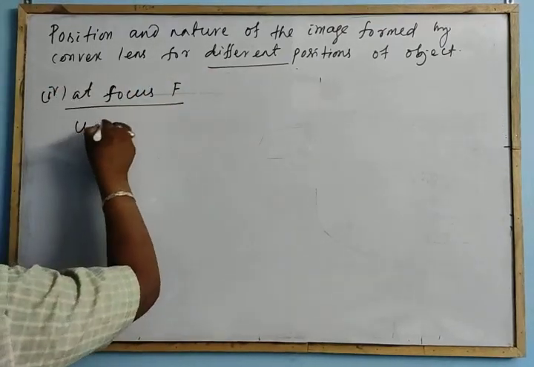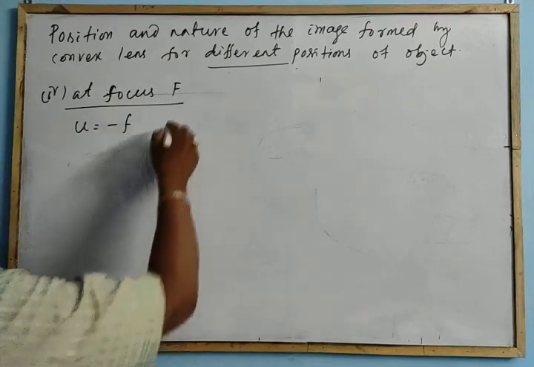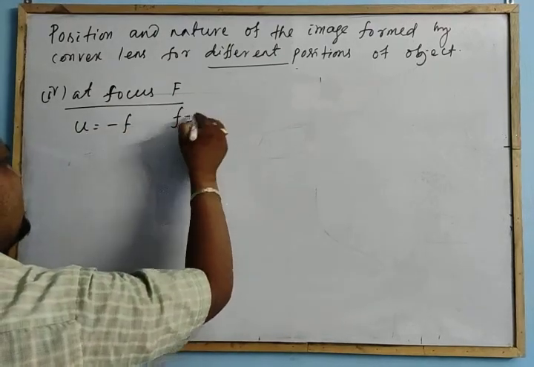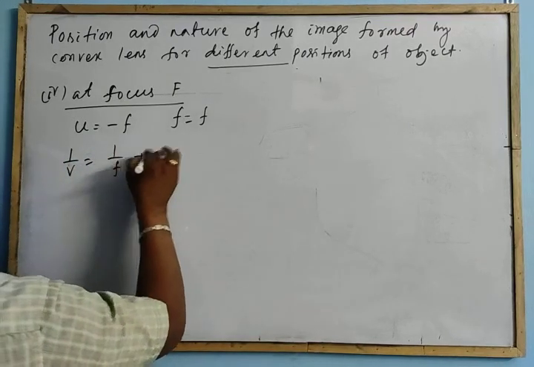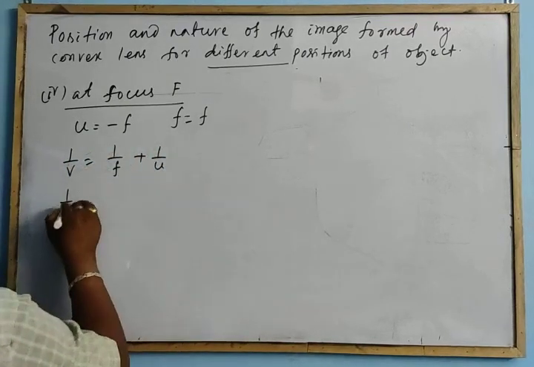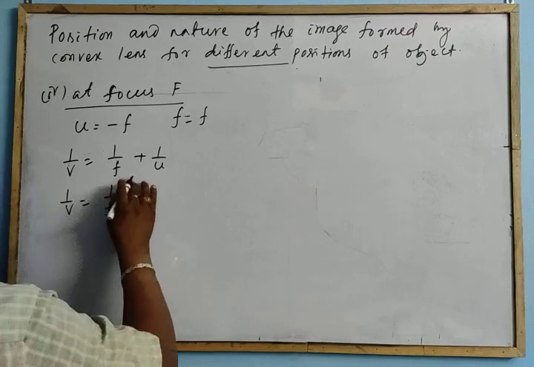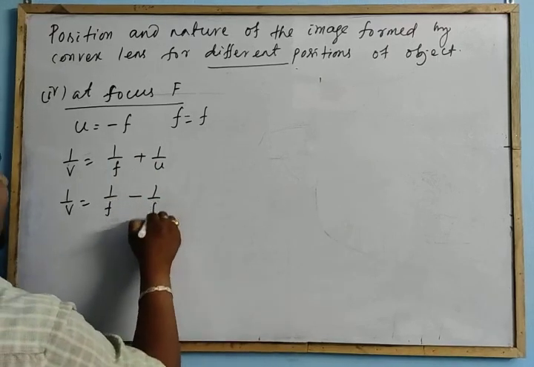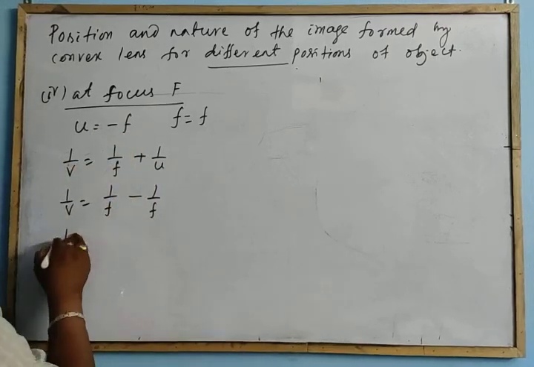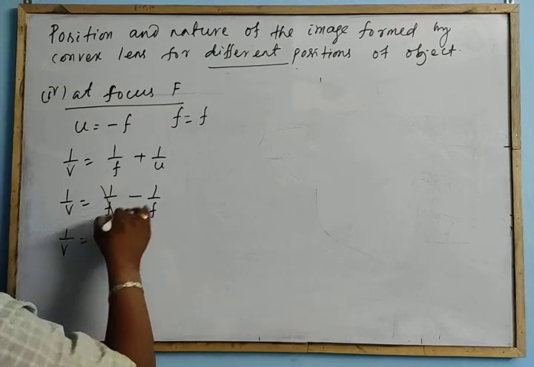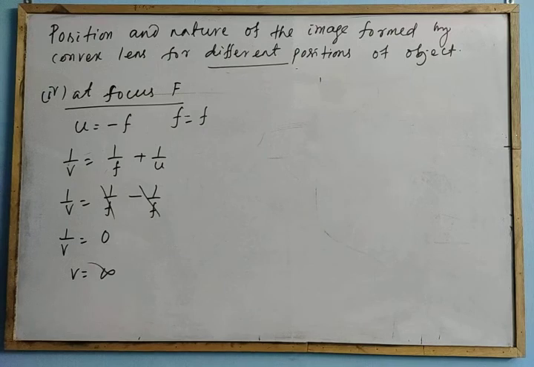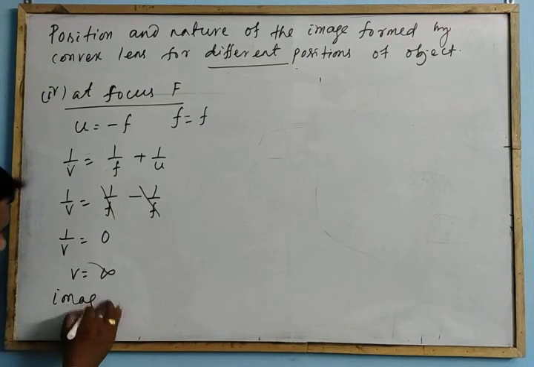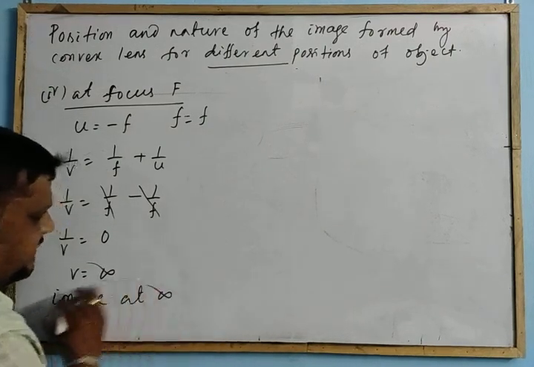So u is equal to minus f. And focal length f is always positive. 1 by v is equal to 1 by f plus 1 by u. 1 by v is equal to 1 by f minus 1 by f, u is equal to minus f. So 1 by f minus 1 by f gets cancelled, 0. So v is equal to infinity. Image at infinity.